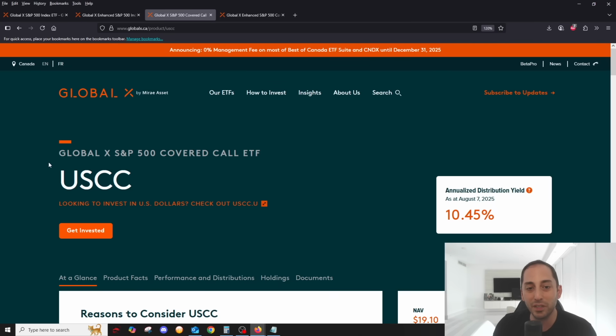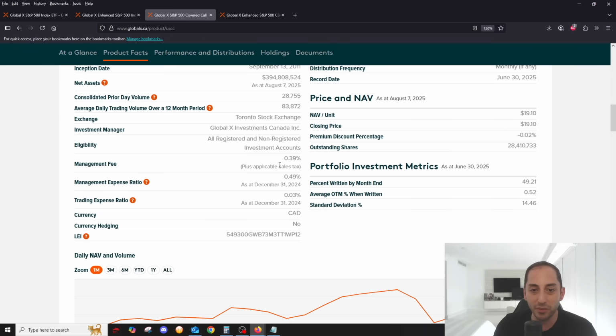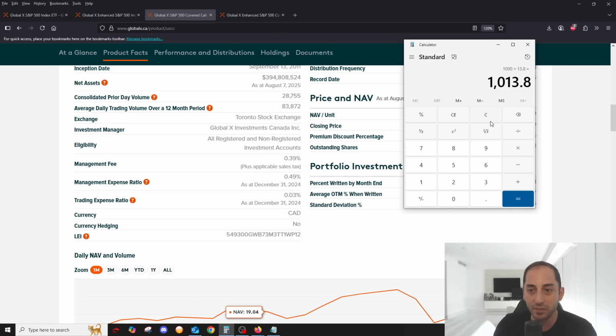This is the S&P 500 Covered Call ETF, USCC. So if we scroll down, you'll see that the management fee is 39 basis points. The MER, which is the more important one, which includes the management fee again, is 49. So management fee, 39 basis points, management expense ratio, 49 basis points, and also a small trading expense ratio of 0.03.